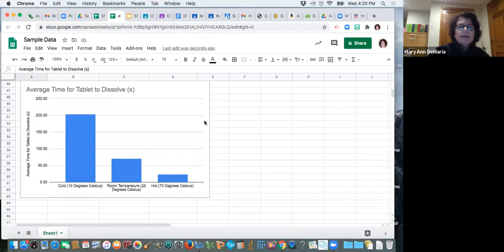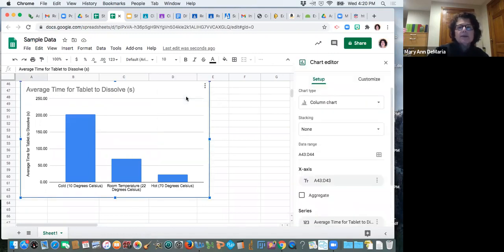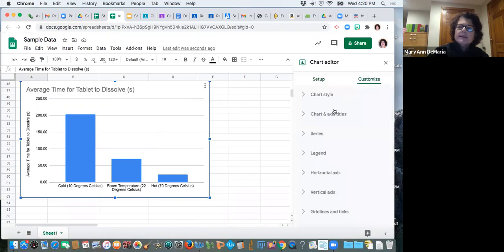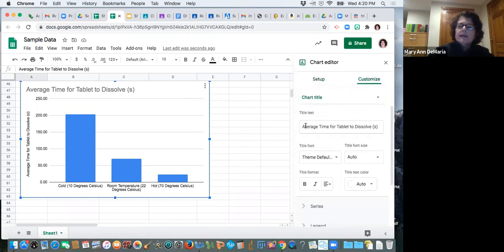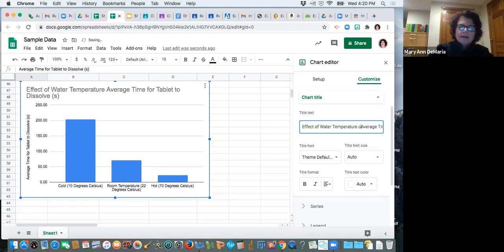But we're not really done here, okay? So I've got to go customize. I'm going to edit this chart. I'm going to customize it, and I want to put in a title. So I'm going to say effect of water temperature on average time for tablet to dissolve.